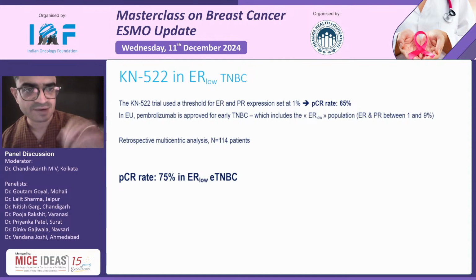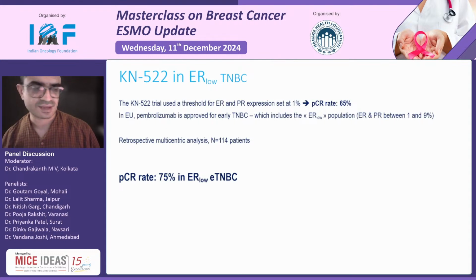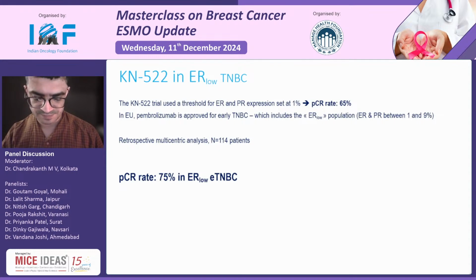Because in 522, even 1%, a low ER positive, they have considered TNBC, and the pathCR rate is very impressive. How do you look at this low ER positive subgroup? We have Dr. Dinky. Then I will go to Dr. Gautam again.